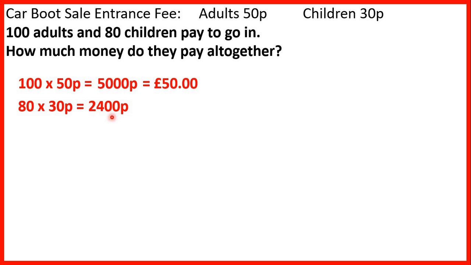And 2,400 pence is the same as £24. So the adults pay £50 and the children pay £24. So to work out how much they pay altogether, we can add up those totals, and 50 plus 24 is 74. So they pay £74 altogether.